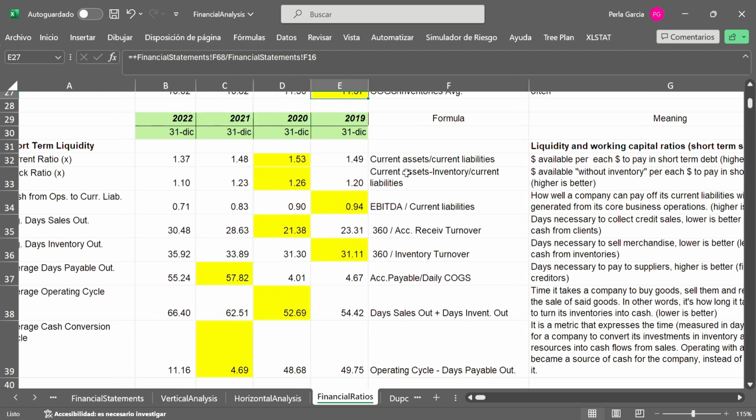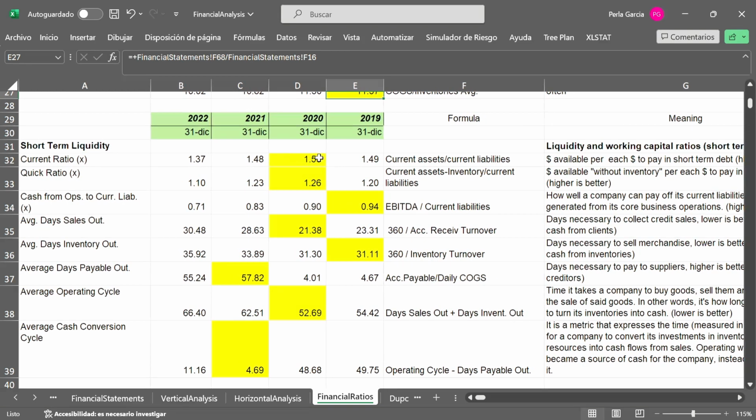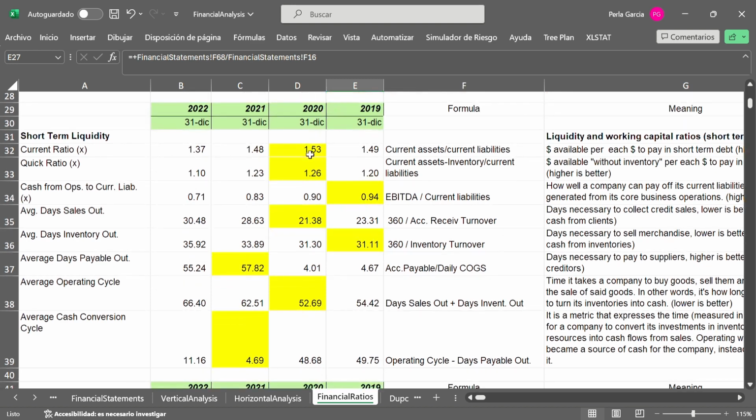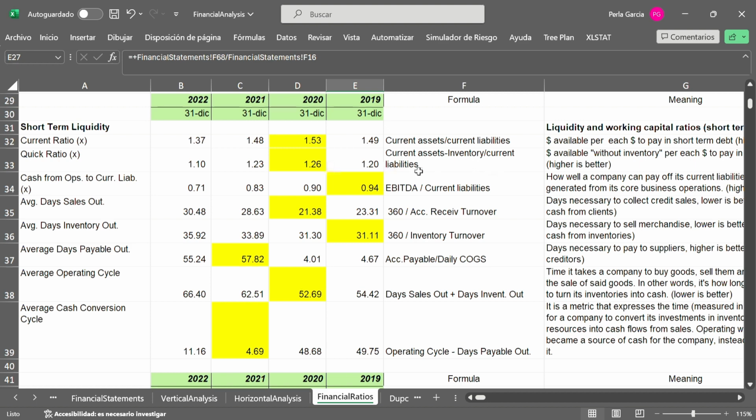Here higher is better, because more money to pay the liabilities means more liquidity for the company. The highest is in 2020 with 1.53 pesos. The quick ratio is without the inventory, and it is also highest in the same year.